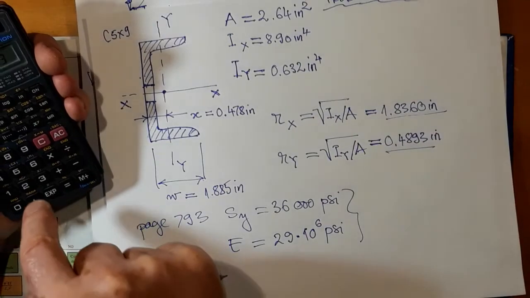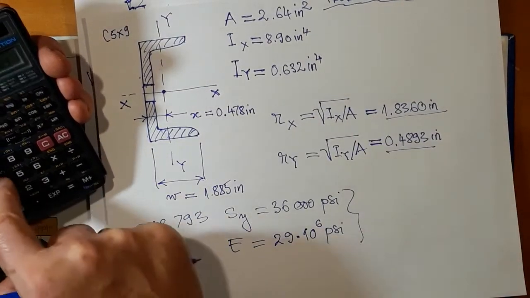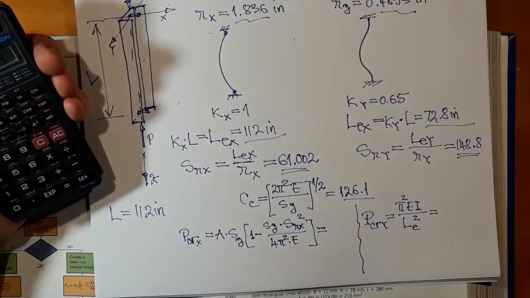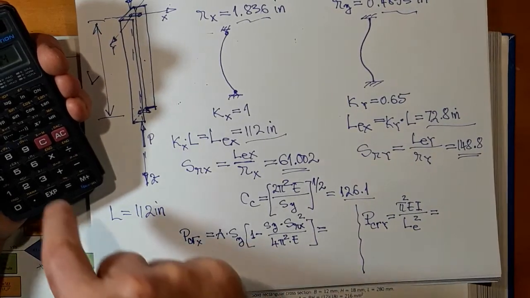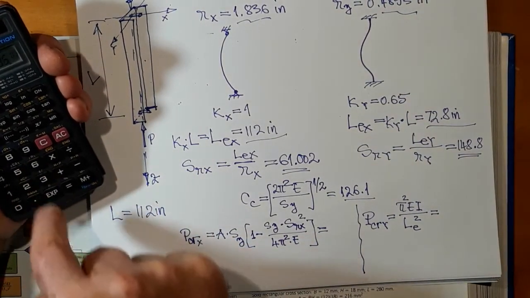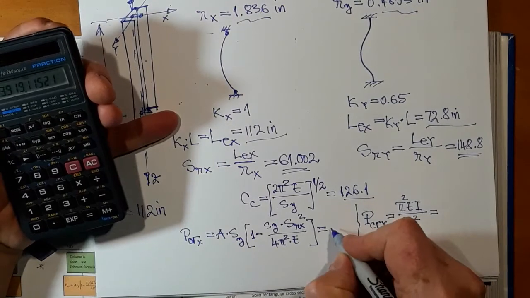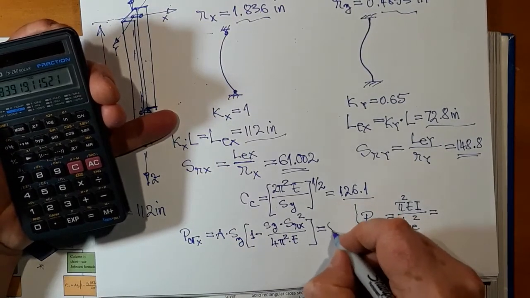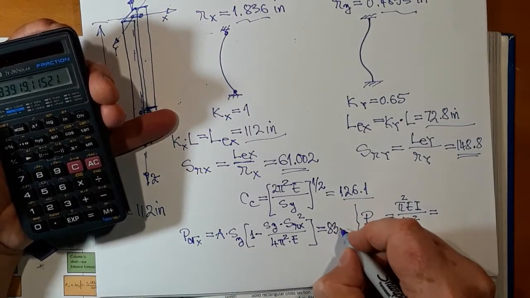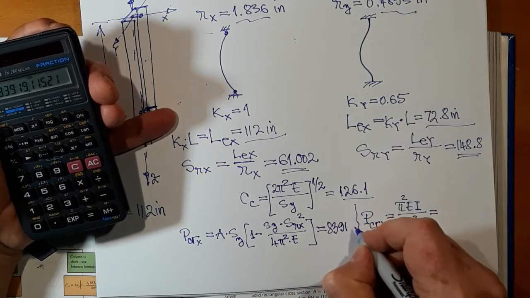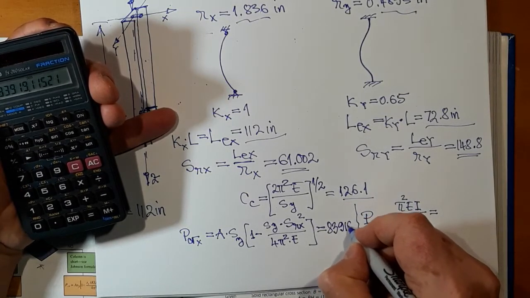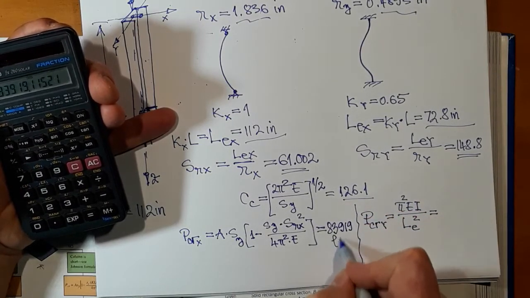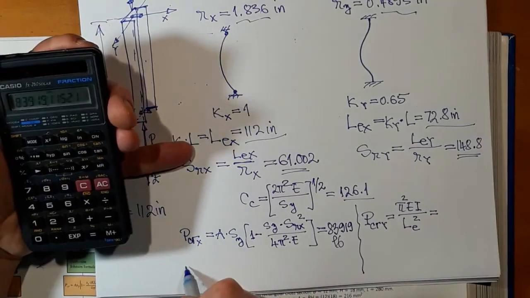Area is 2.64 times yield strength, 36 exponent 3 equals. So I have 83,919.1 pounds.